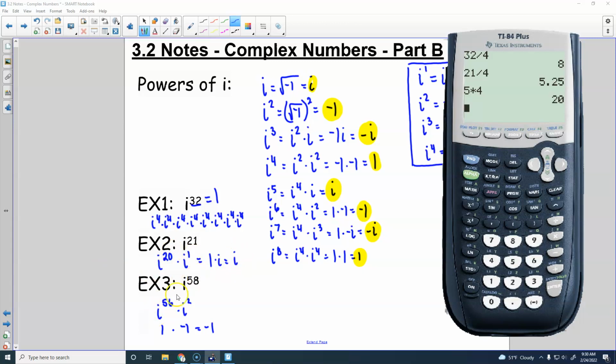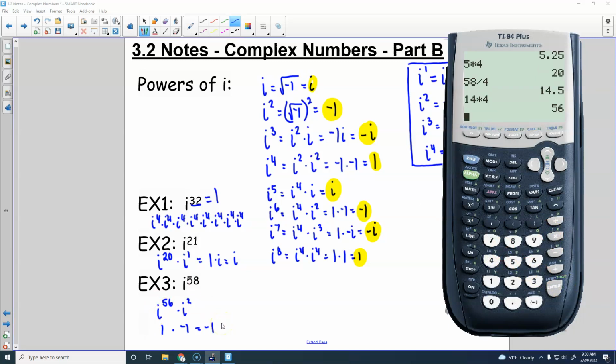When the bigger numbers come up, 58 divided by 4 is going to get us 14.5. 14.5 tells me we'll go 14 times with 1/2 left over. So 14 times 4 is going to give us 56. So we'll break it into the 56 and 2.